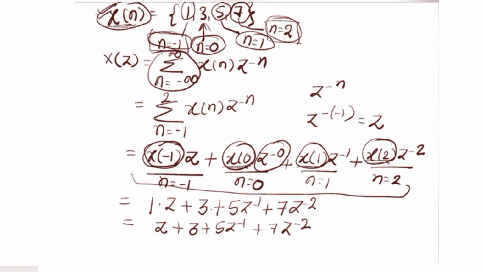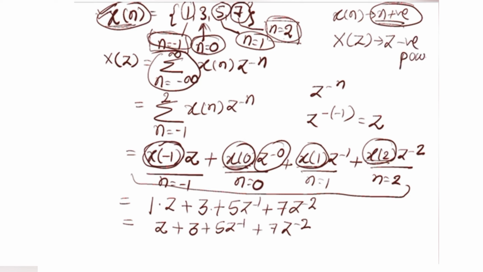Now we can see when x[n] is having the values only for positive n values, then we were getting negative powers of z in X(z).